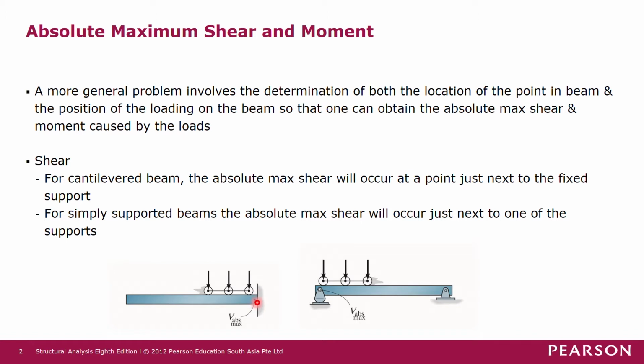For simply supported beams, the absolute maximum shear will occur just next to one of the supports. So you have to put this system of forces with the force at the end very near to the support. This will give you the maximum shear at this support here.